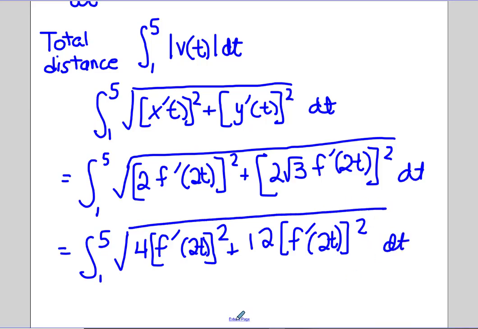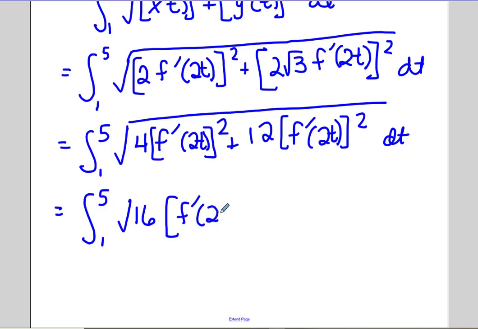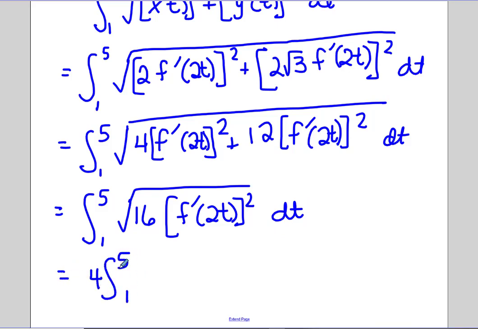So we have 12 and 4, so that's going to give us 16 times f prime of 2t quantity squared dt. Taking the square root of 16, we've got 4, 1 times 5.